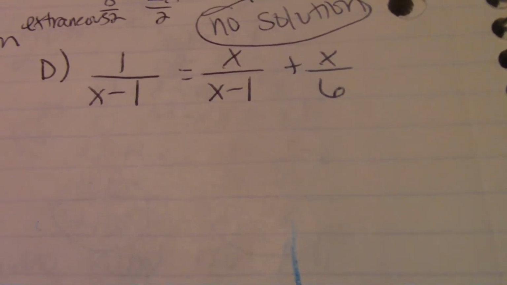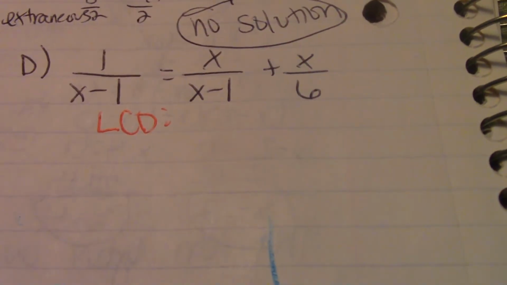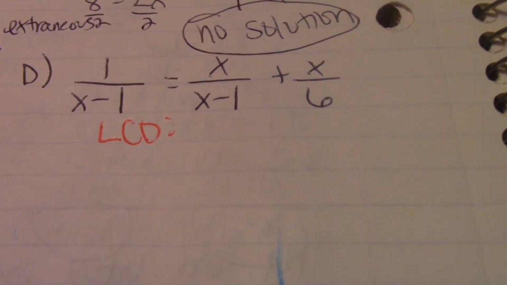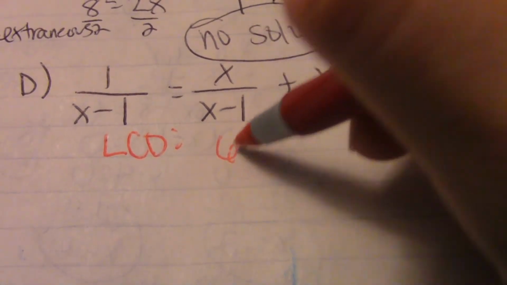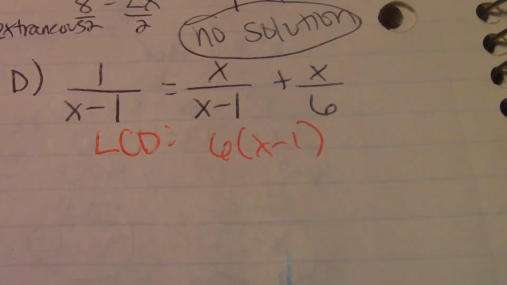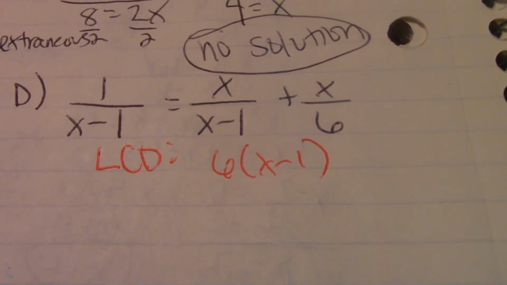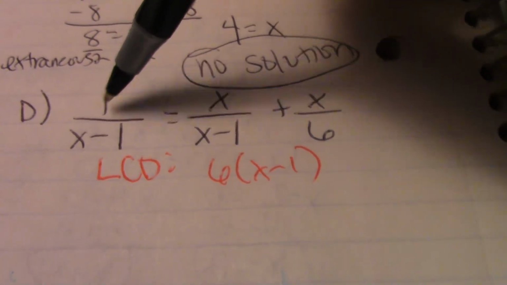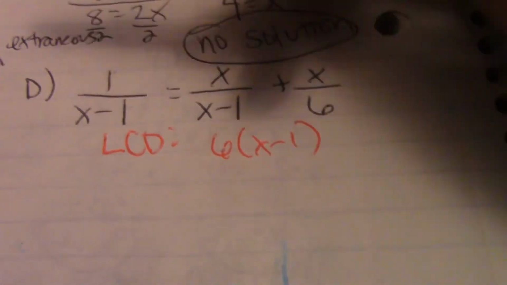Let's try another one. Find our LCD. We have that x minus 1 for 2 pieces, and that's 6. I'm going to write 6 times x minus 1 for our LCD. So I need to have this 1. It has the x minus 1, it needs a 6.